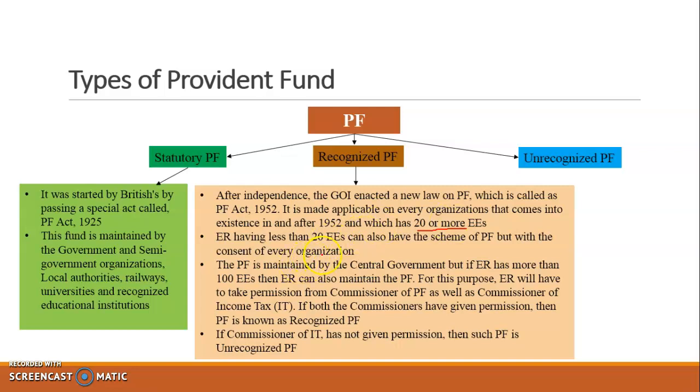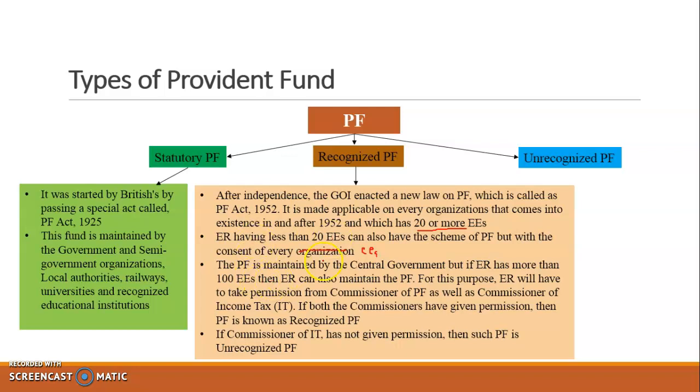An employer having less than 20 employees can also have the scheme of PF, but with the consent of every employee, only after getting the consent from every employee.